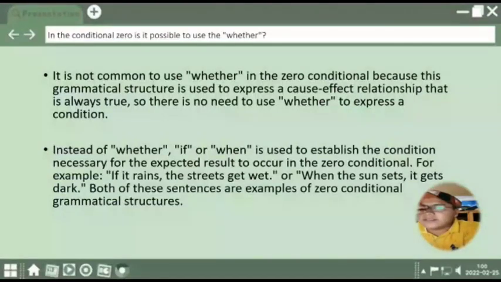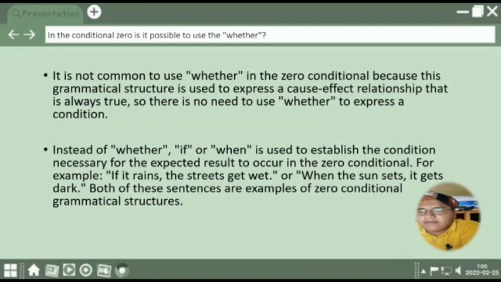Hello, my name is Juan Antonio and I will talk about the use of if and when in the zero conditional. It is not common to use if in the zero conditional because this grammatical structure is used to express a cause-effect relationship that is always true. So there is no need to use if to express a conditional.